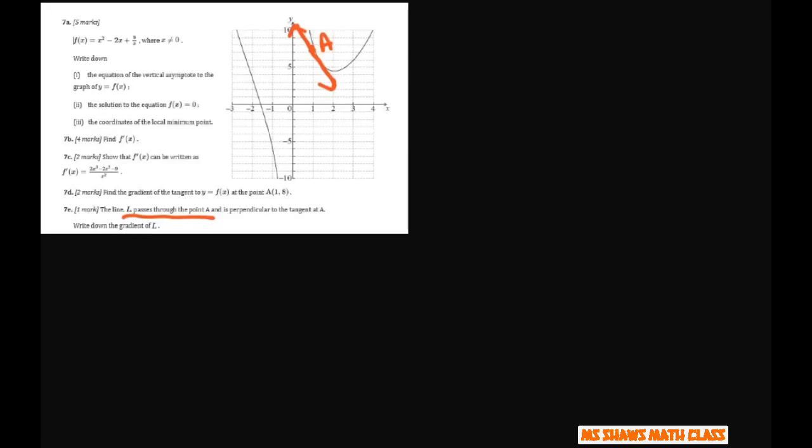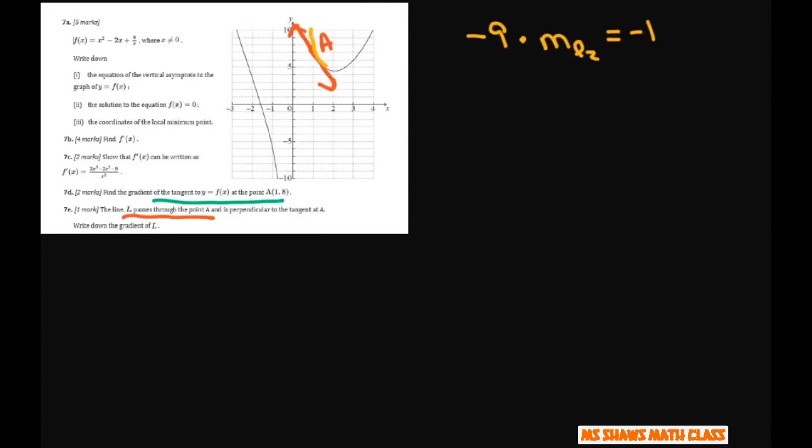Since it's perpendicular, we already know the gradient of this part here is negative 9. So we need something for the perpendicular line. We'll call this line 2, and the product should equal negative 1.